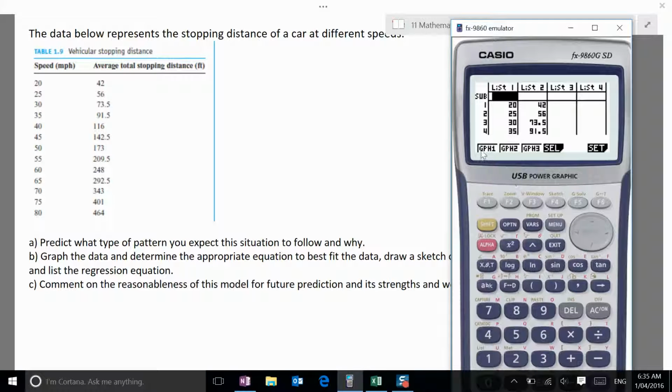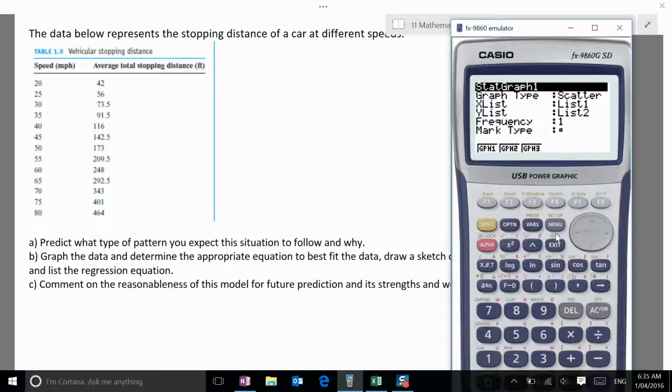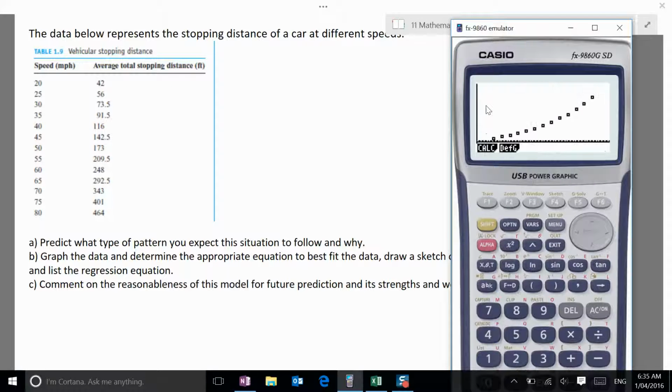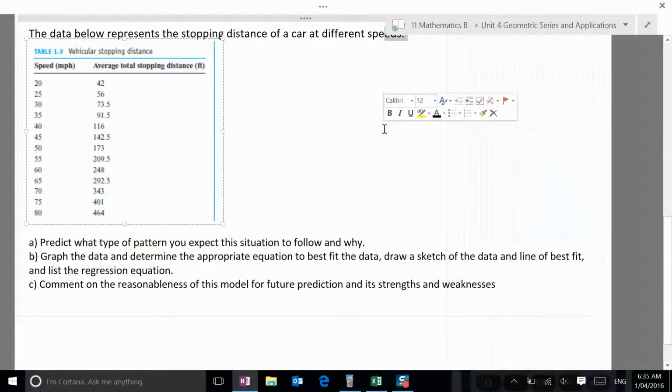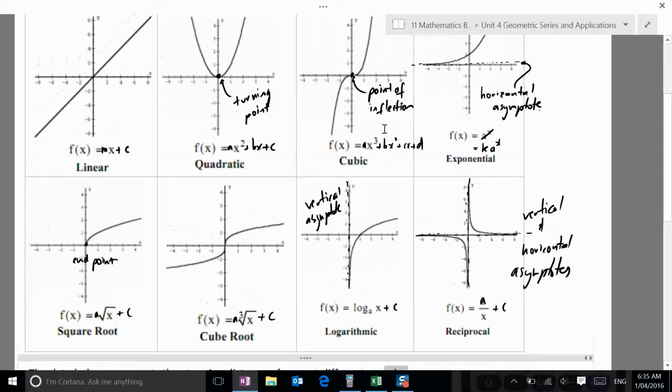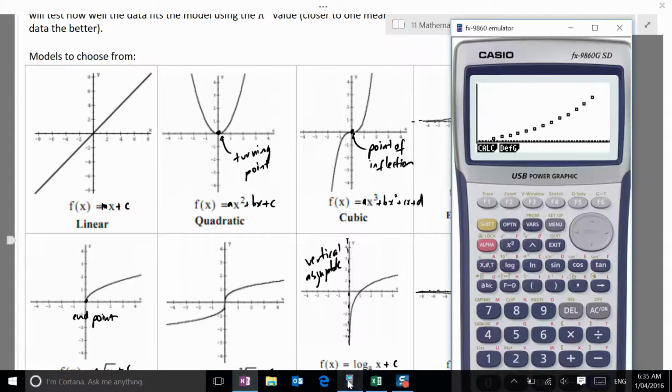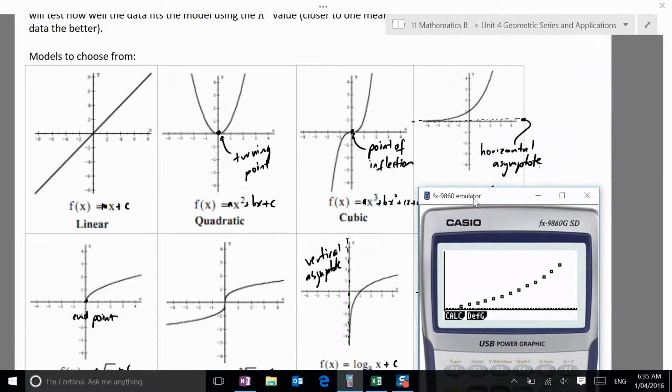That's the magic of television. And graph it. Just make sure I set my graph properly. Yep, looks good. There we go. I'd look at my data, and I'm going to choose one of these models. By the look of it, I'm going to be choosing one of these three: quadratic, cubic, or exponential.